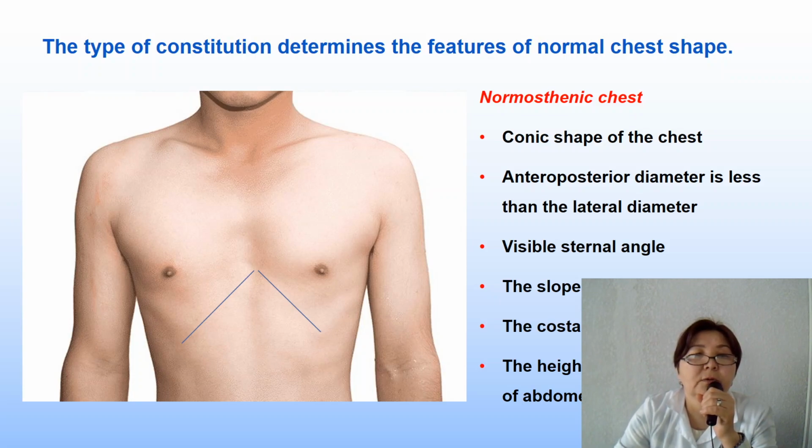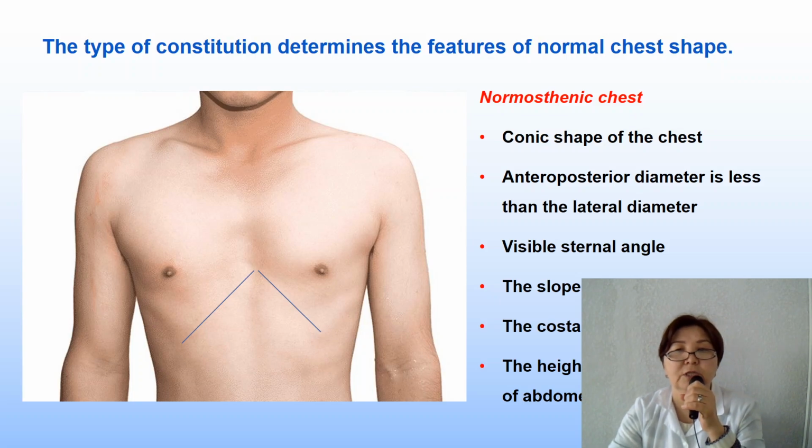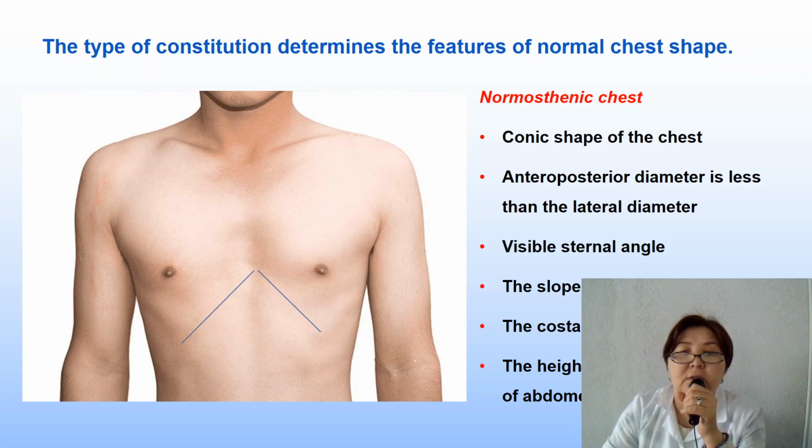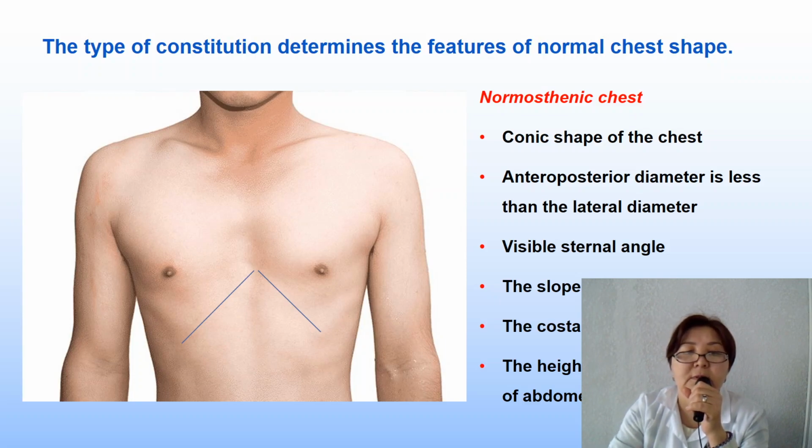The type of constitution determines the features of normal chest shape. Characteristic of normosthenic chest. Conic shape of the chest. Anteroposterior diameter is less than the lateral diameter. Visible sternal angle.